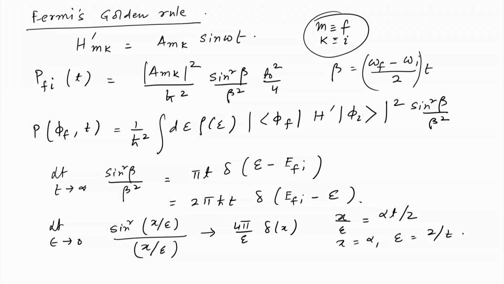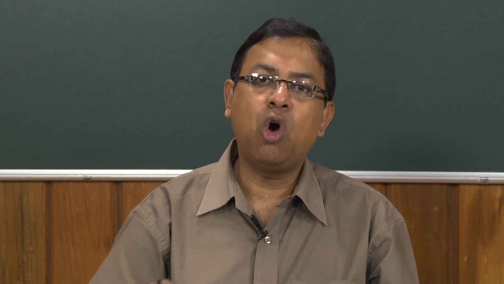This delta function has a width given by 2πħ over t. In this width we are going to talk about the density of states: in that energy width, how many energy states need to be incorporated in calculating the transition probability.